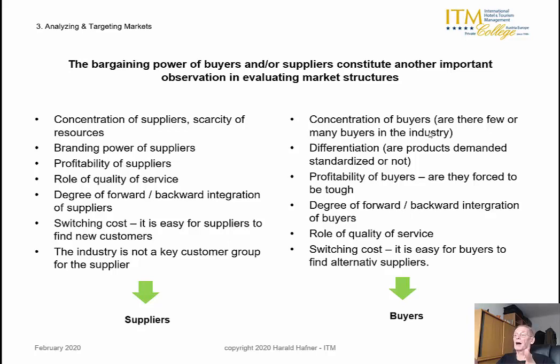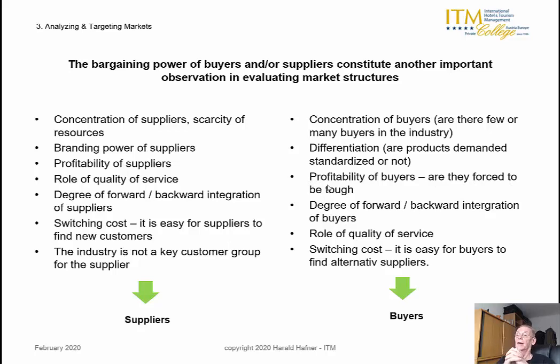Differentiation: are the products demanded standardized or not? If your buyers pay attention to differentiation, then that is good news. If the buyers do not, if they say a hotel room is a hotel room, then we compete on price. The profitability of buyers: are they forced to be tough?